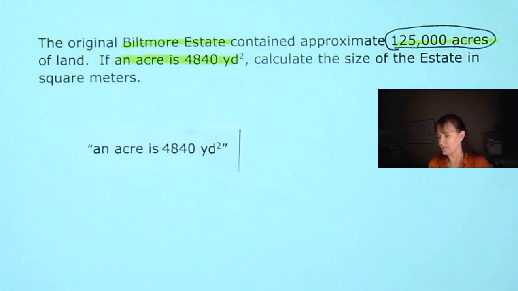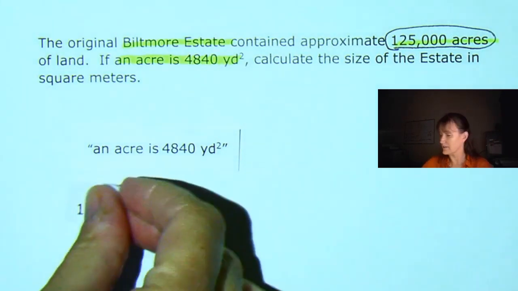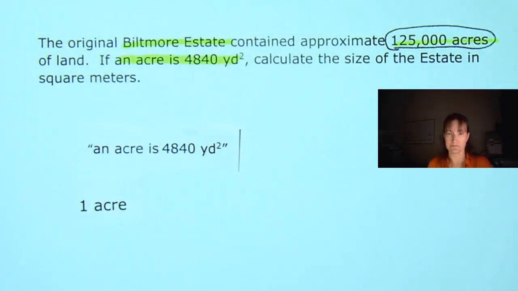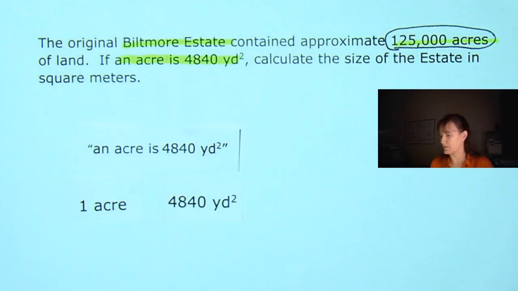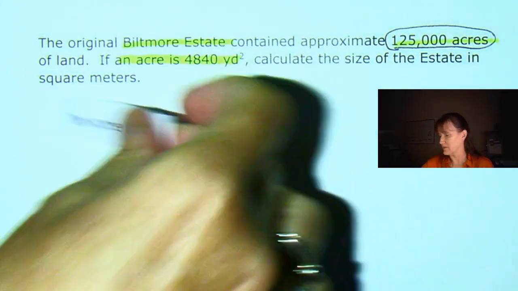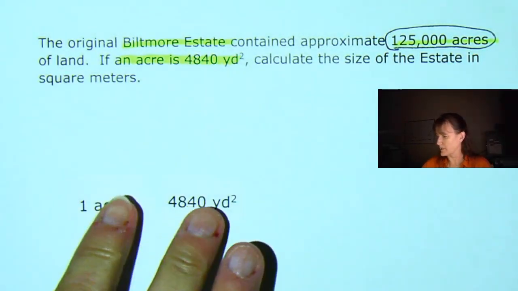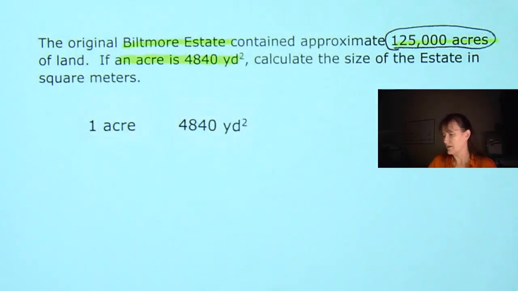That statement is not a measurement. It's given us a conversion factor. So an acre is the same thing as 1 acre, and that is equivalent to 4,840 yards squared. And so this piece of information is going to be a conversion factor that we will use when we set up the problem.